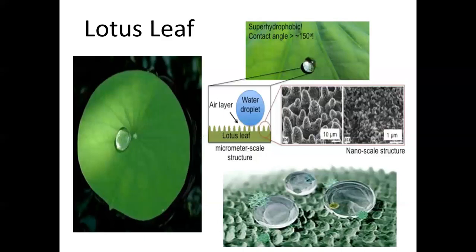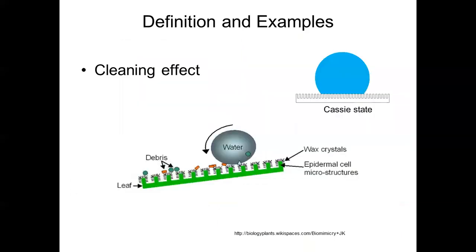I guess you could call them something that looks like small hairs. And these small hairs are on the order of 1 to 10 microns in diameter. So they're actually very small, and the water droplet will sit on top of them and won't be able to wet the surface.